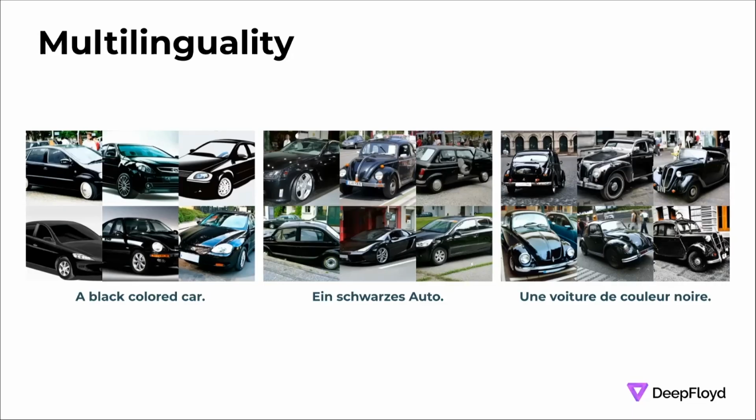For instance, here you can see that if we take the prompt "a black-colored car" and translate it into German and French, the result of the model is consistent. So it really generates images that fit the captions even in other languages.